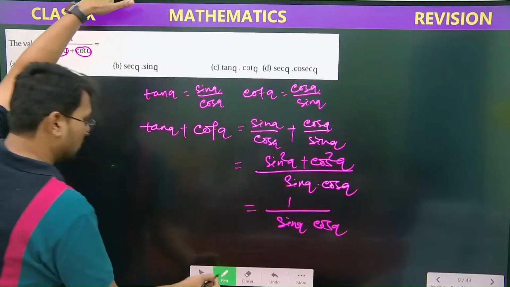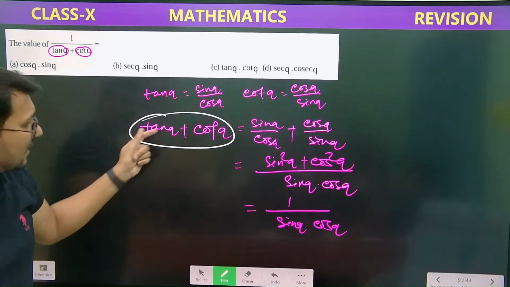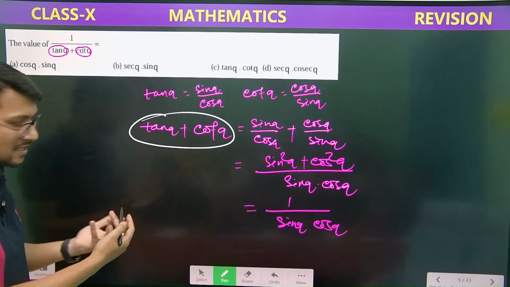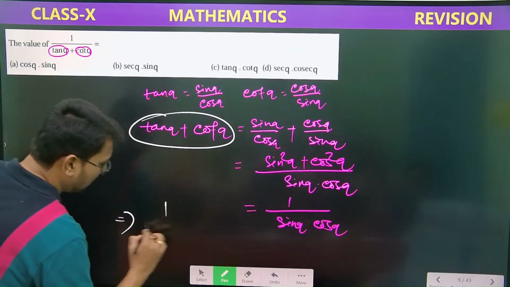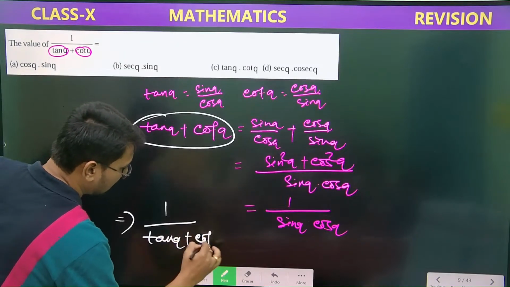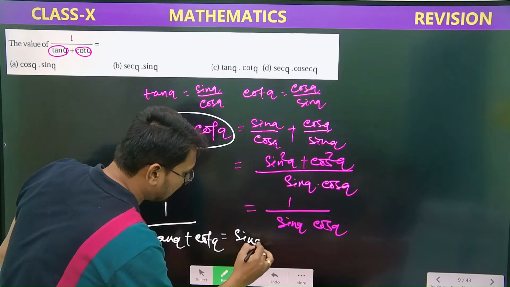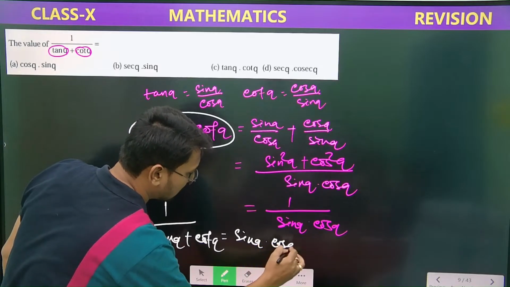This is the value of tan q plus cot q. Let us reciprocate it. So 1 by tan q plus cot q equals sin q into cos q.